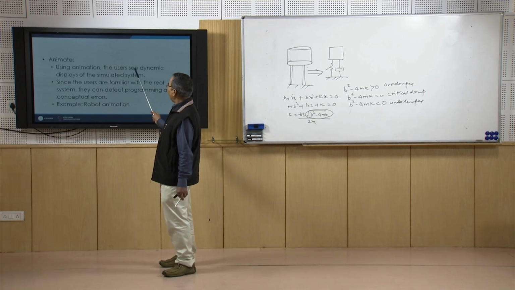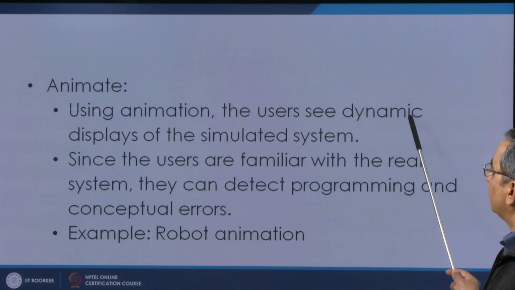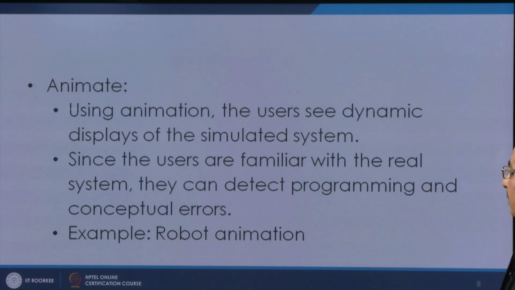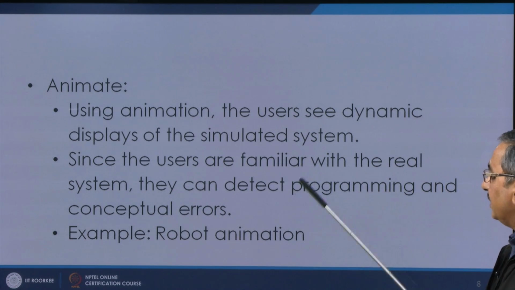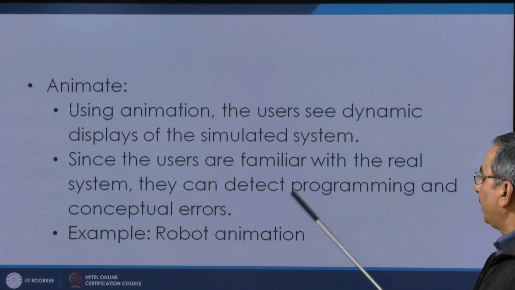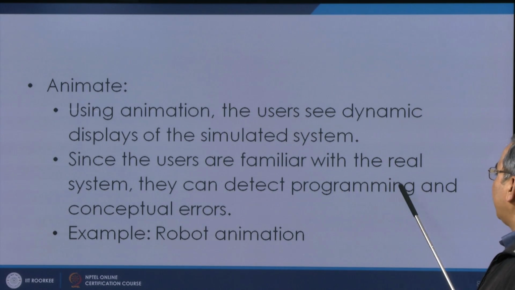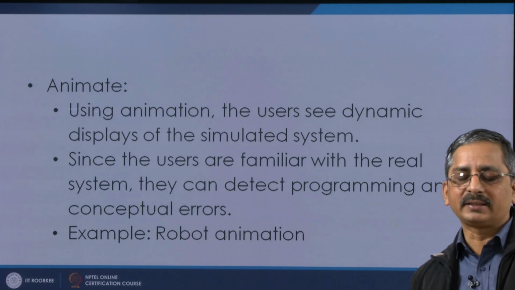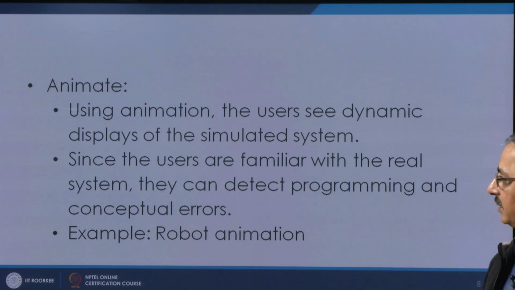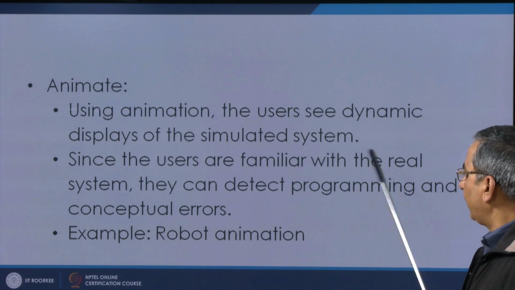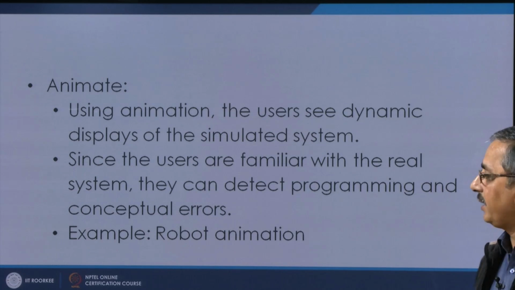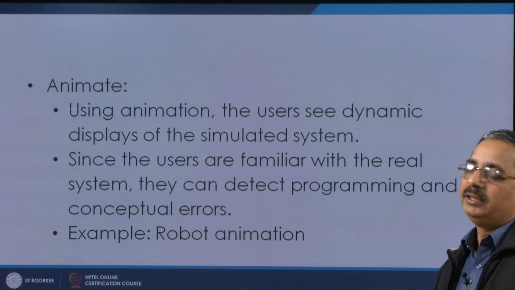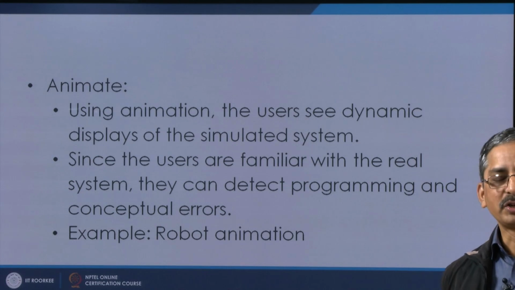So, using animation, the users see the dynamic display of the simulated system, and since the users are familiar with the real system, they can detect the programming and conceptual errors. All those programming and conceptual errors can be checked and verified, and as an example I gave you the animation for robots.